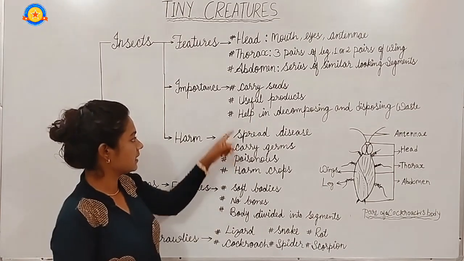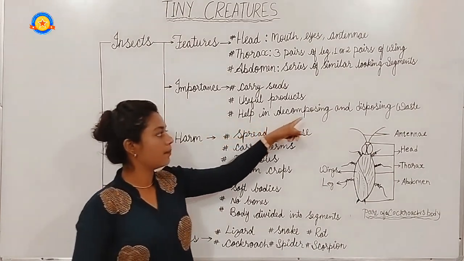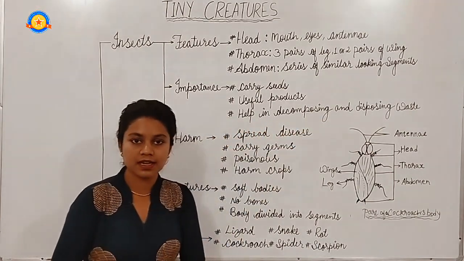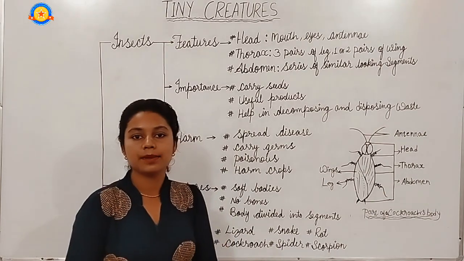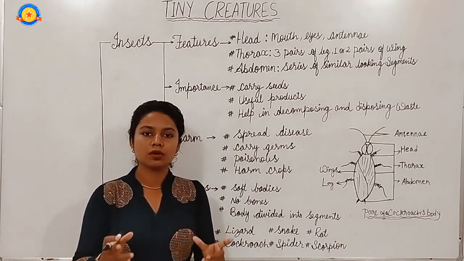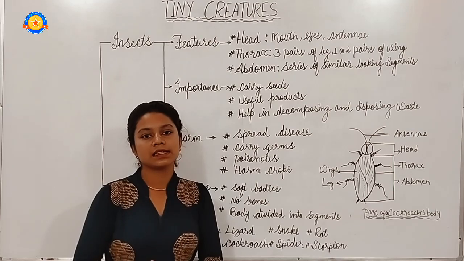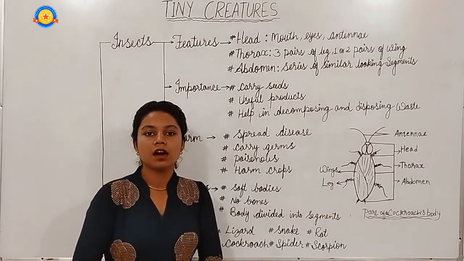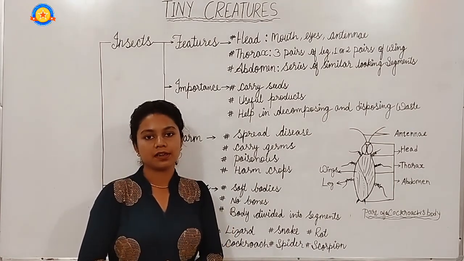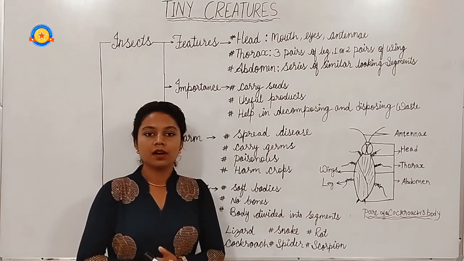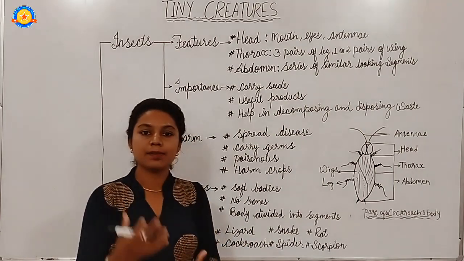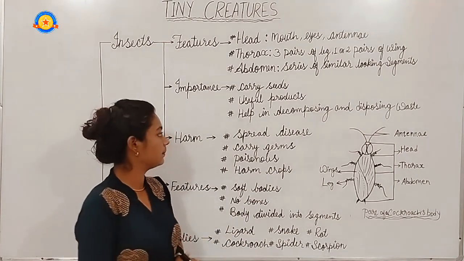This way, these insects help in decomposing and disposing of waste and dead animals and plants. So this is how insects help in cleaning the environment. They make the environment clean.